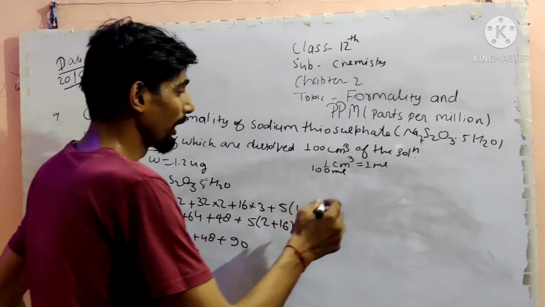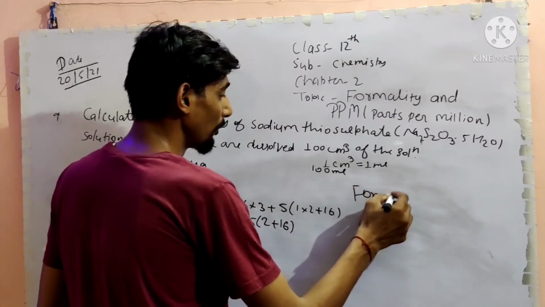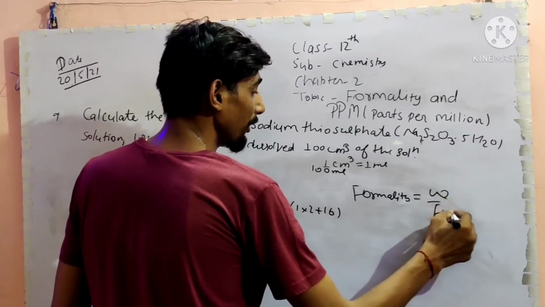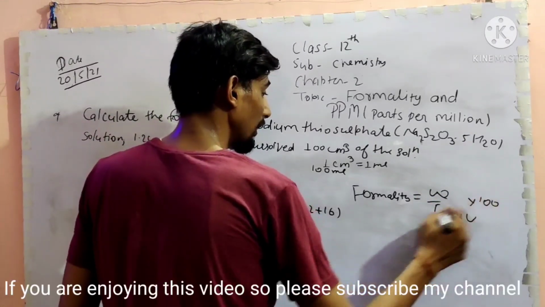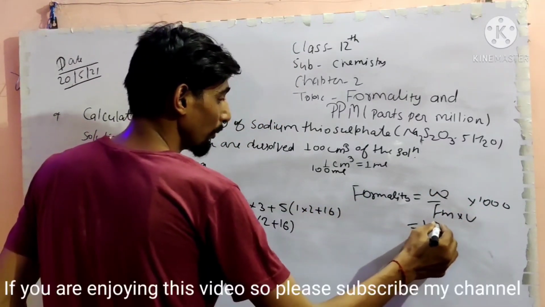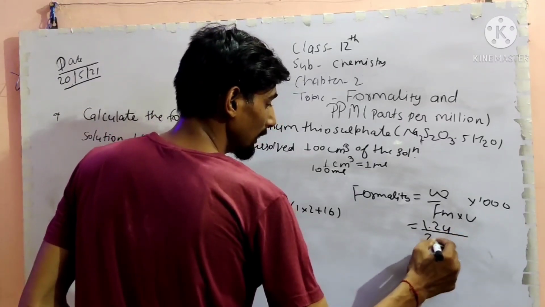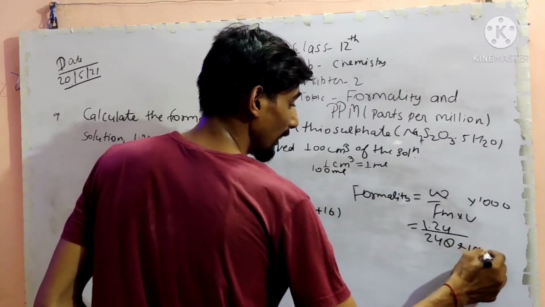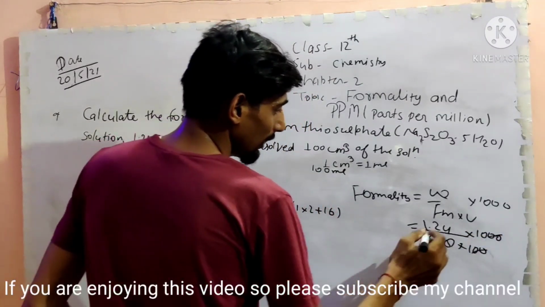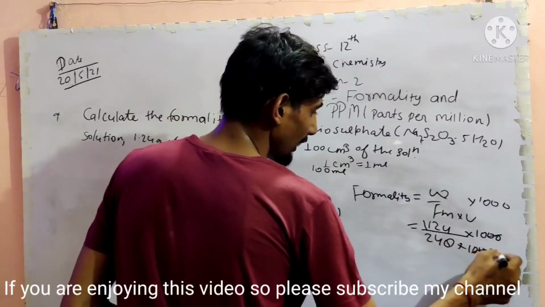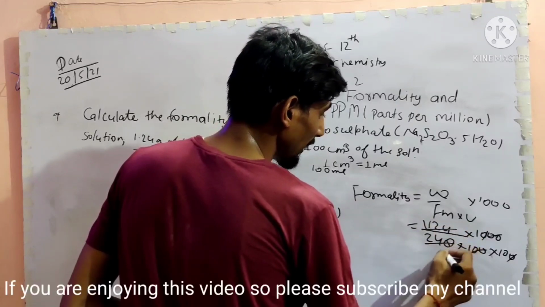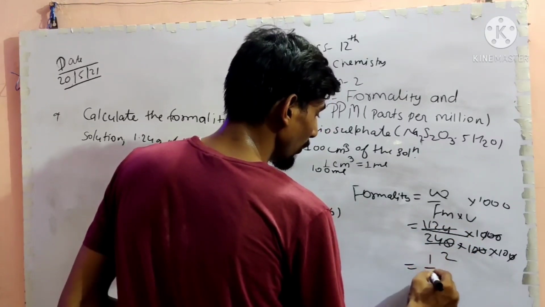So we have to calculate formality. Formality equals W upon Fm into V into 1000. W equals 1.24 upon 248 into 100 into 1000. So this cancels out, the decimal point moves and two zeros are added, 2 times goes, so 1/20 remains.